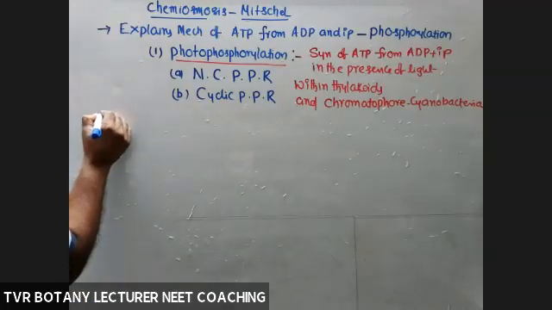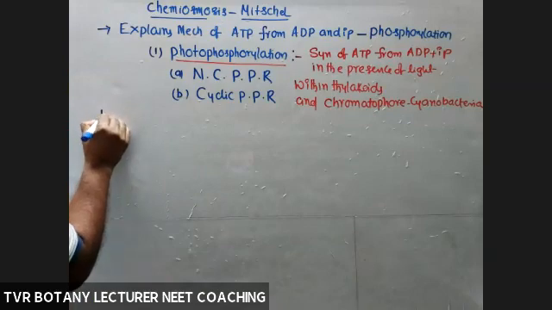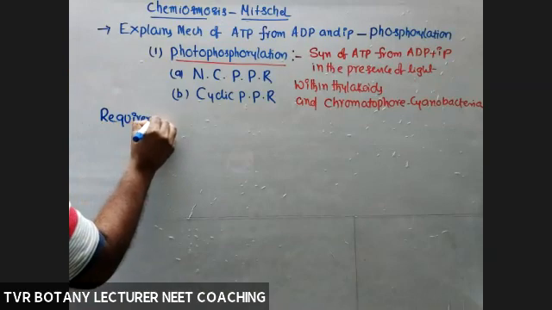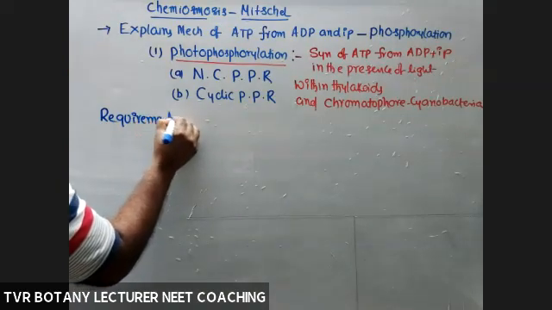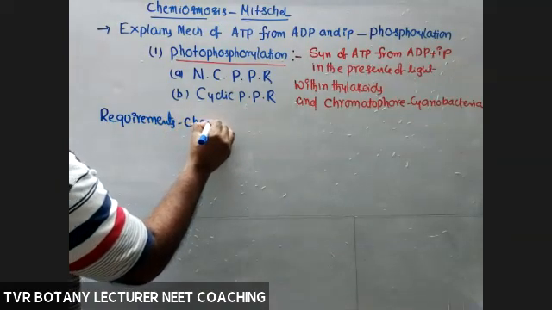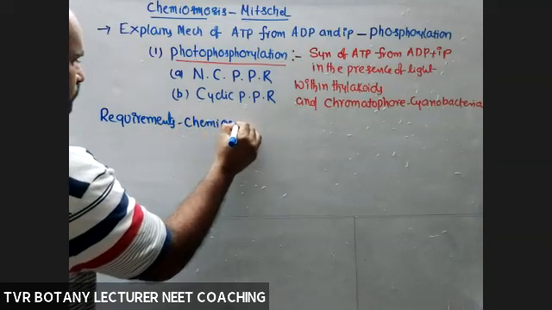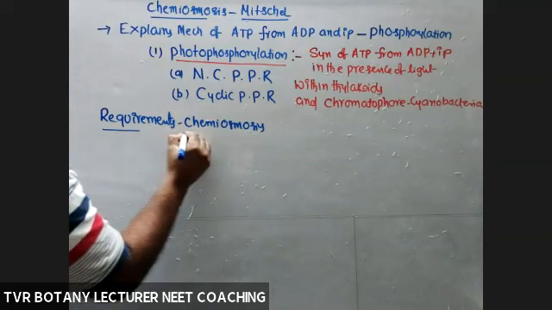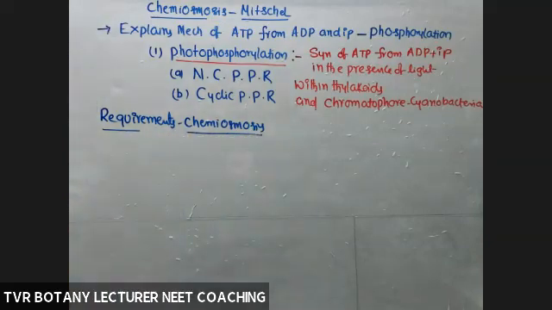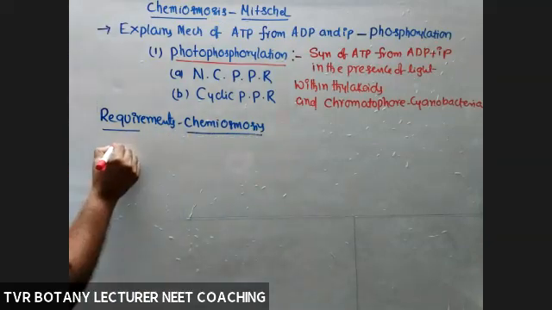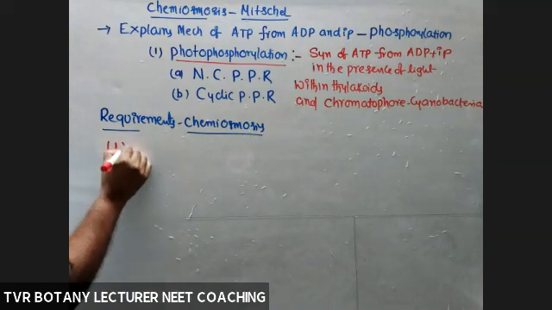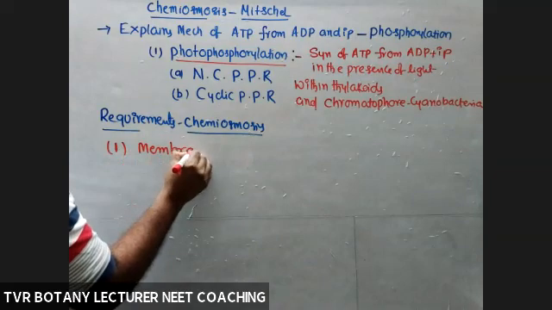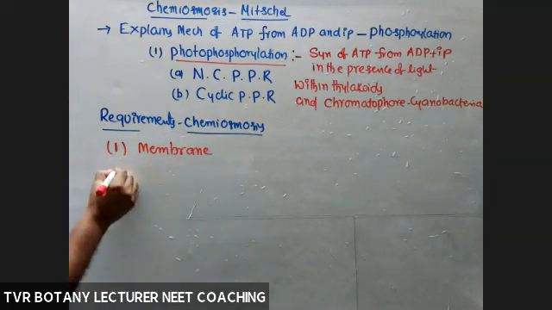Now, what about the mechanism of so-called chemiosmosis? Before that one, requirements for chemiosmosis. So what are the main requirements of chemiosmosis? One, membranes required.